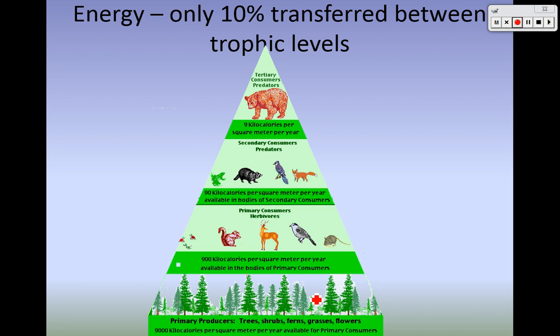And this is why people talk about, if you eat a primarily vegetarian diet, there being less energy loss. Because the higher up you eat, the more energy is lost every time you go up a trophic level. And so where does that energy go?